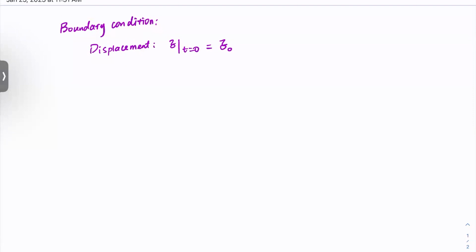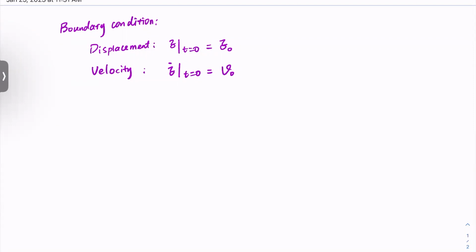It's not a number, it's a value that depends on how much you push that thing down. If you push that thing 1 inch, you let it go, start a timer, then that 1 inch is the z naught. And then you typically would get a velocity boundary condition, that z dot at t equals 0 is v naught.